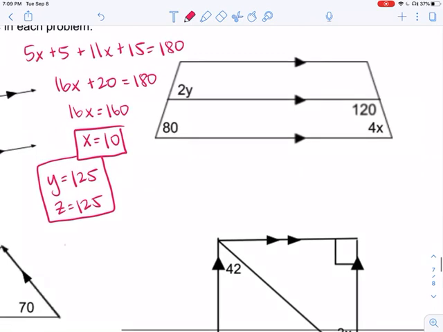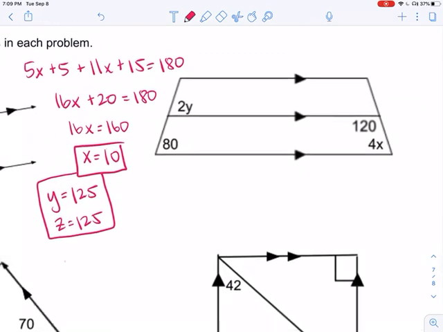Okay, here I've got another set of parallel lines. I know that if my lines are parallel, corresponding angles are congruent. So 2y is going to be equal to 80. Divide by 2, y is equal to 40.